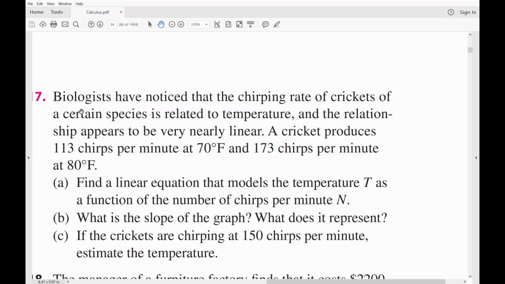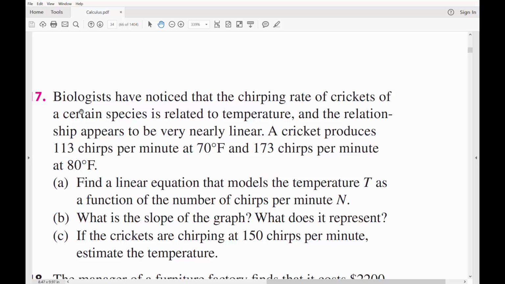If you notice over here, when the temperature increases, our chirps per minute also increases. So what it wants from us is to find the linear equation that models the temperature T as a function of n.